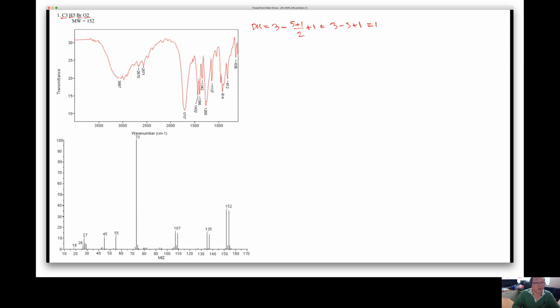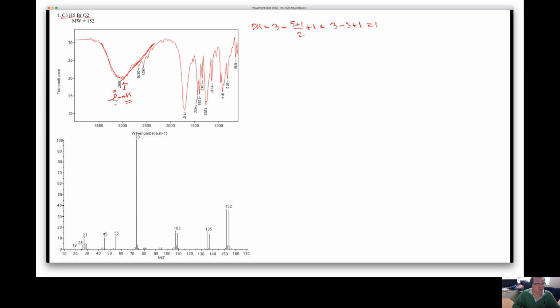Right now, what the IR shows us is a very broad band at 3000, right? When you see such a broad band at 3000, that is a clear indication that we have a carboxylic acid. So this is definitely a carboxylic acid, and this is the OH stretching signal coming from the carboxylic acid.